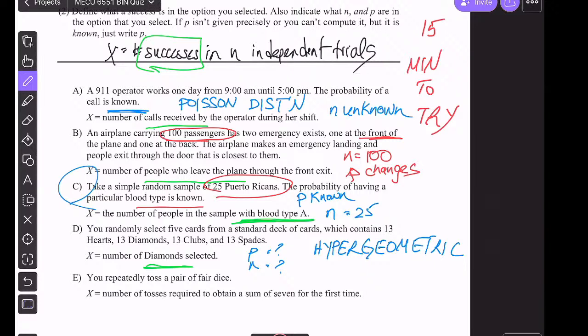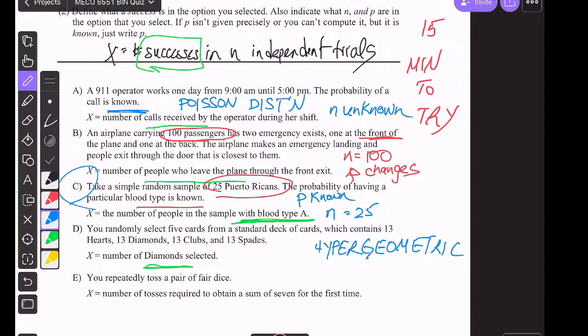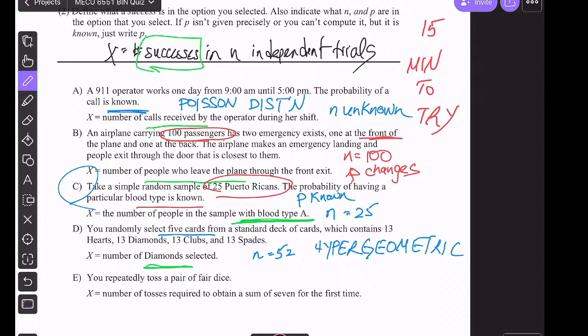There are 52 cards in a deck. If you go through all of them, randomly selecting, and you pick 5, we'll say without replacement.